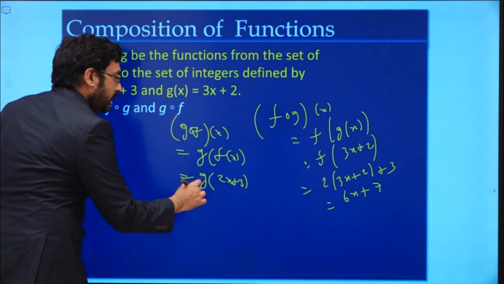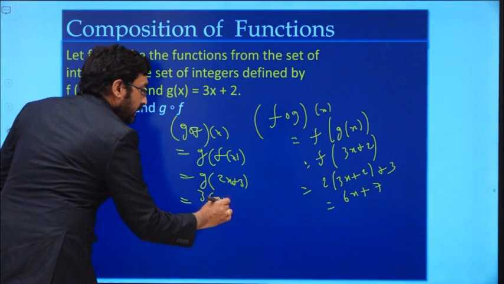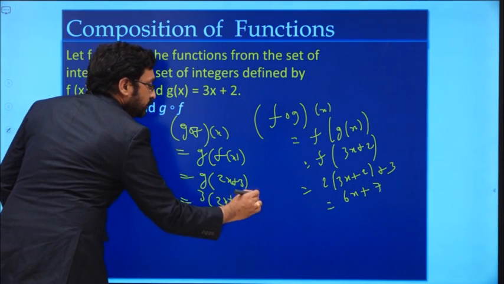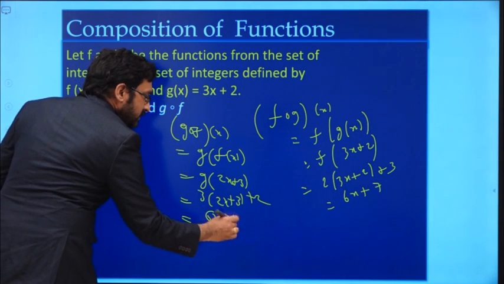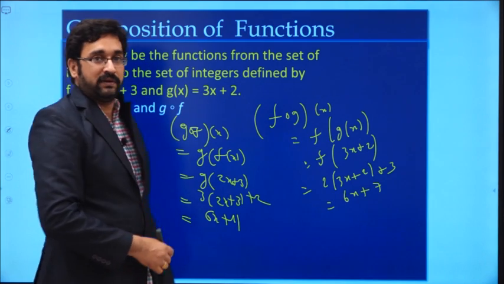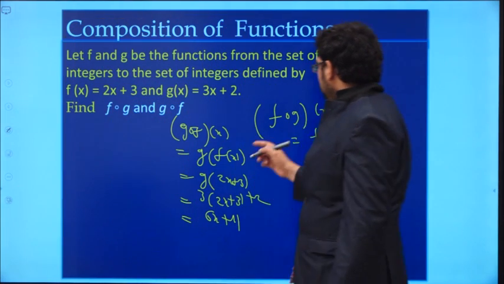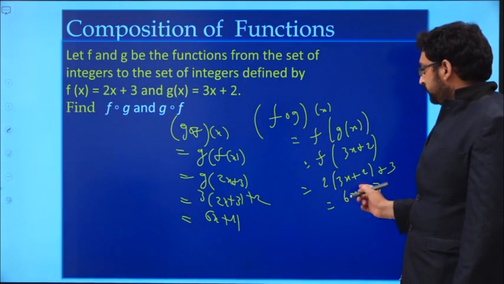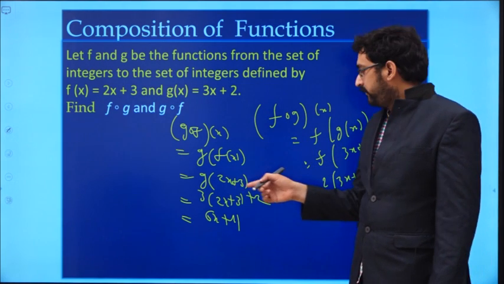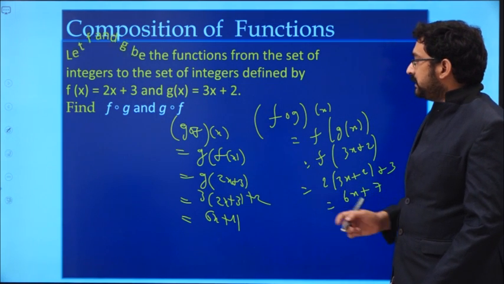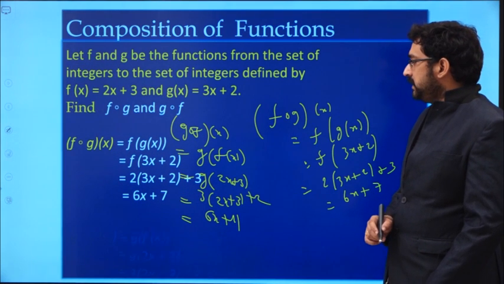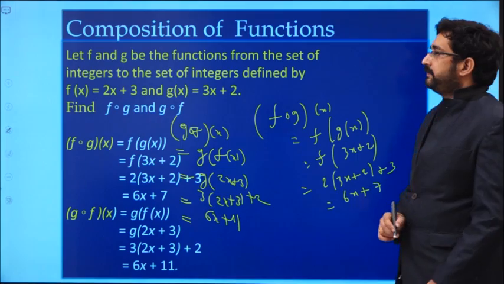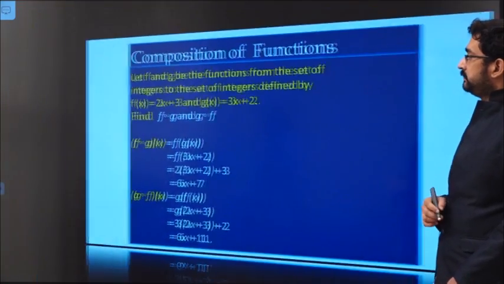So we get 3 into 2x plus 3, plus 2. If we expand this, we get 6x plus 9 plus 2. So 6x plus 11. So for the given problem, f circle g of x is 6x plus 7 and g circle f of x equals 6x plus 11. In this way, we can find f circle g and g circle f for the given functions.